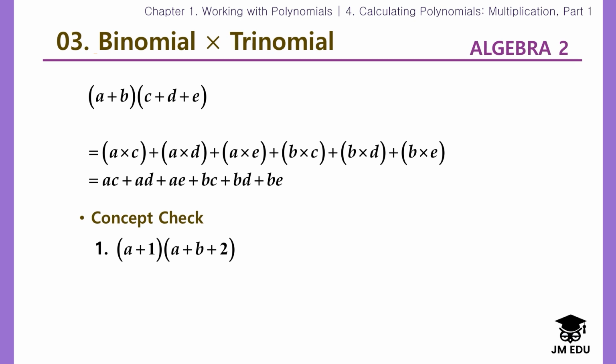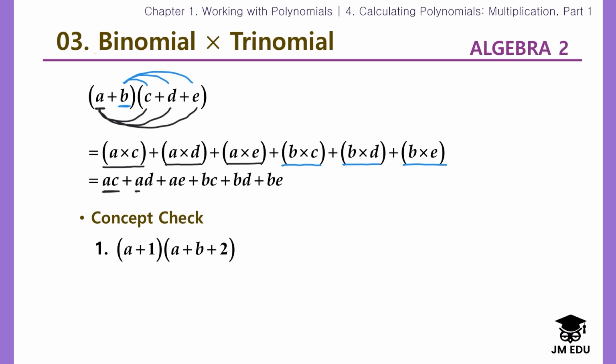So, starting from A times C plus A times D plus A times E. And now, starting from this term right here, B times C plus B times D plus B times E. So A times C, that's AC.